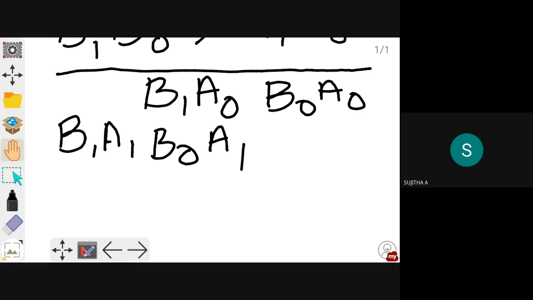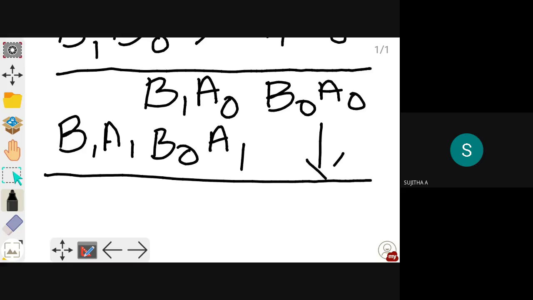Now you are going to add. B0 A0 is not added with anything, it is directly obtained as the output bit C0. Then B1 A0 is added with B0 A1, and you get C1.